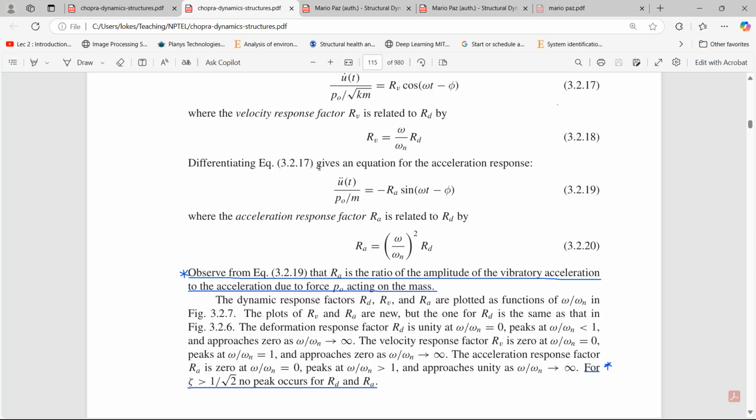So now the amplitude is given as: P naught is 981.6 divided by 1295.3, multiplied by 1 by 2 zeta, equal to 0.02 times g, which is 386 again.